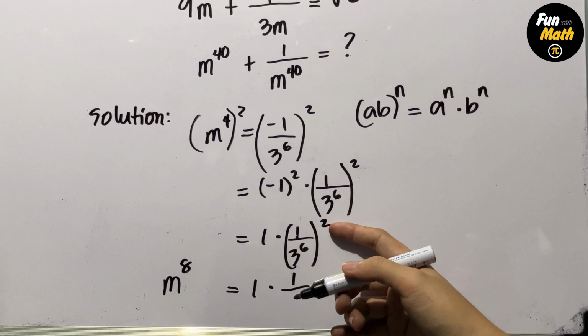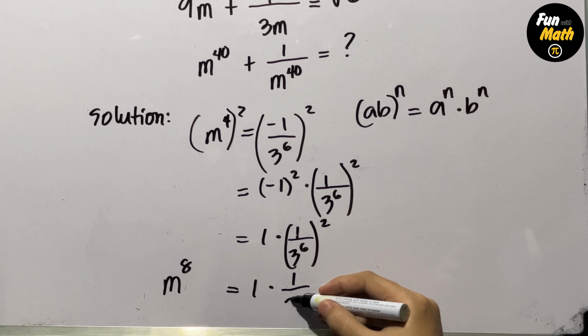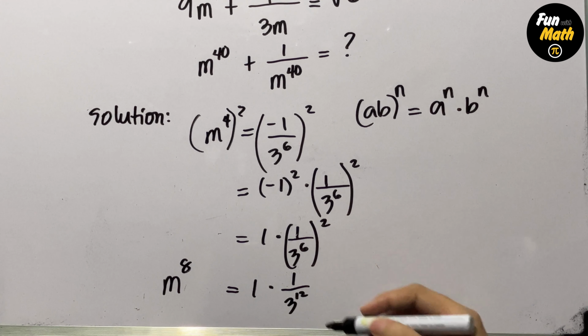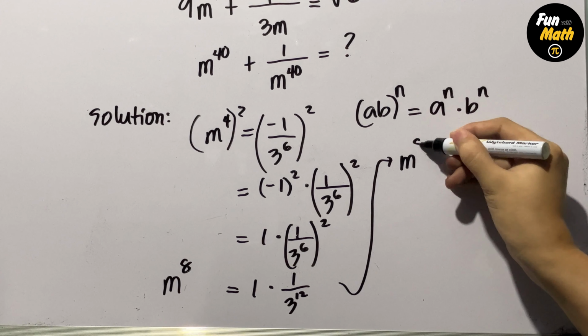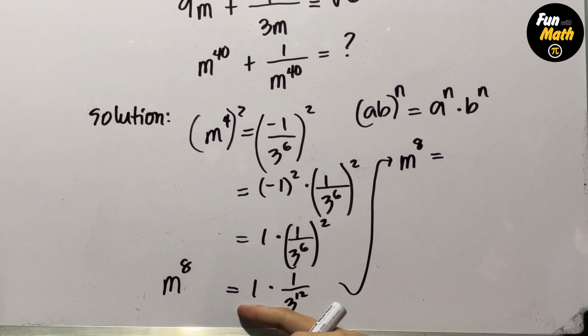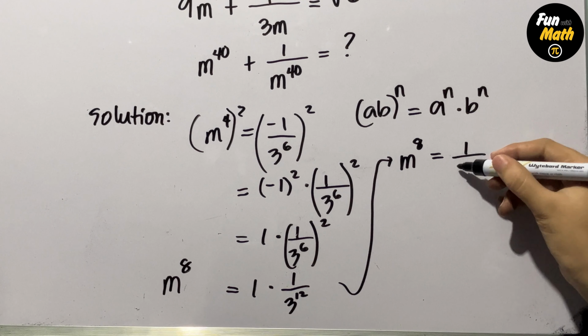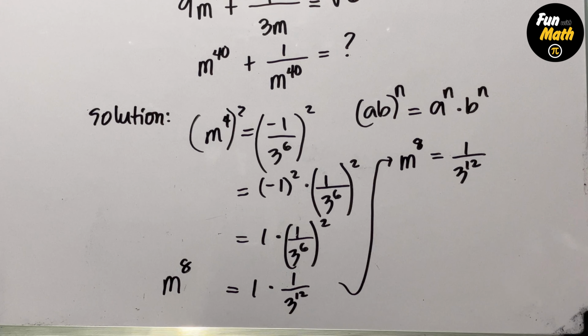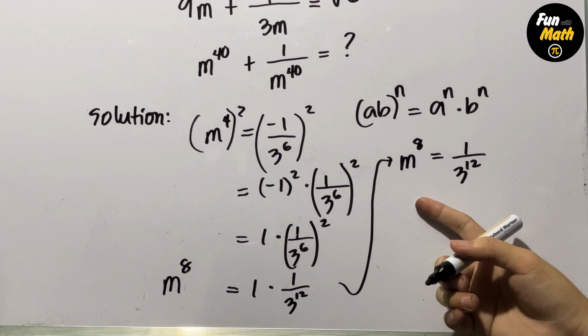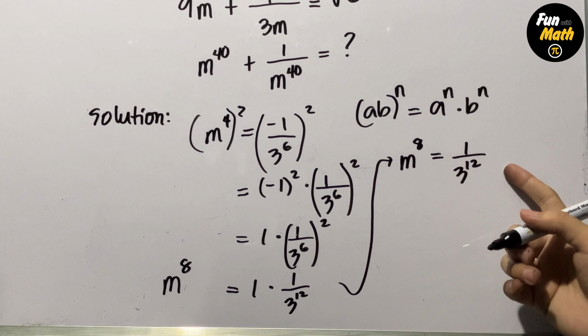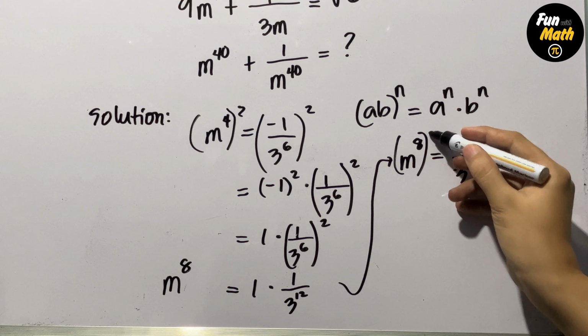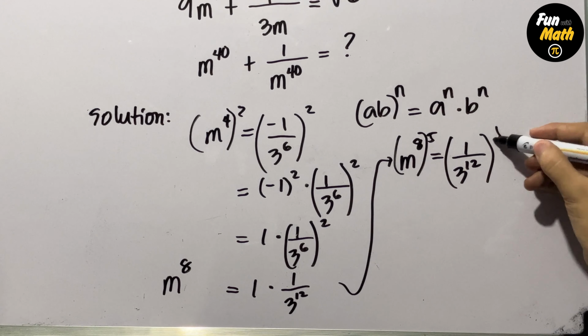Power to a power, we can multiply. So this is now 3 to the power of 12. m to the power of 8 is equal to 1 over 3 to the power of 12. Next, we can raise both sides to the power of 5.